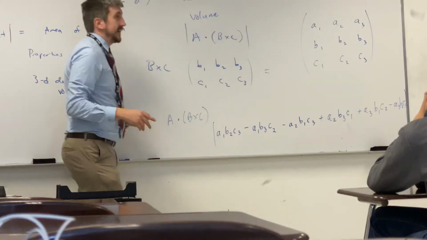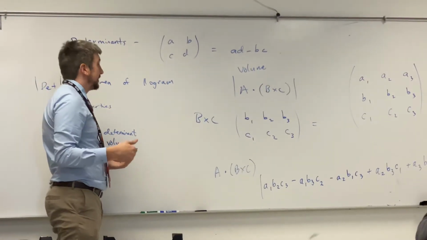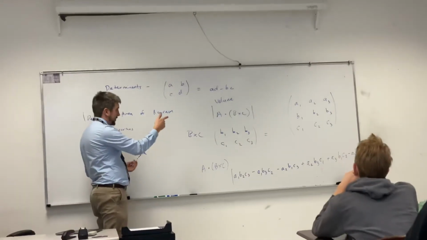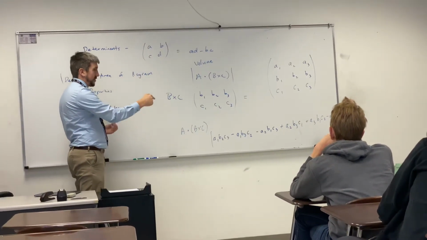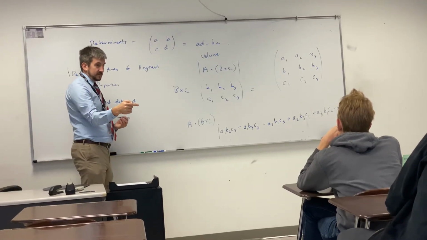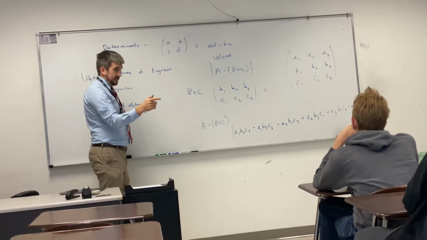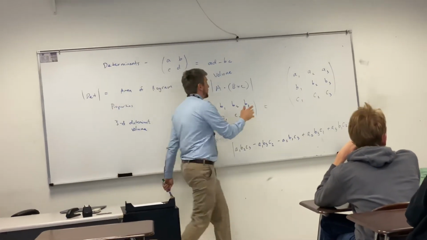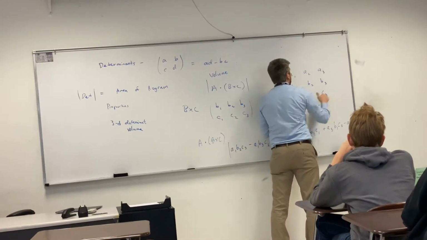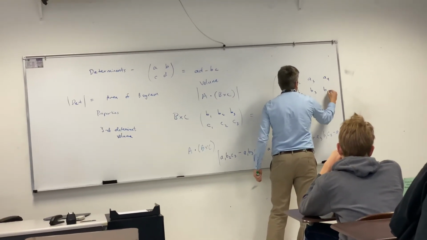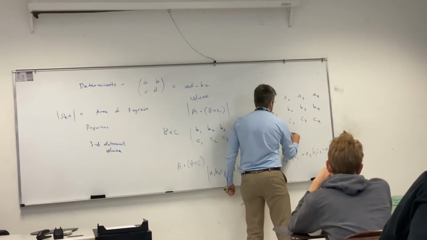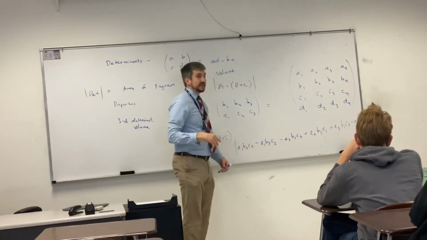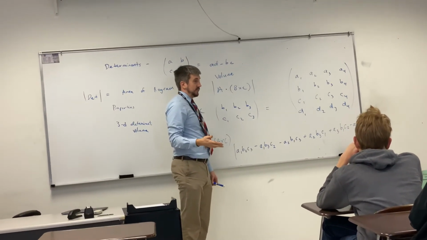The interesting thing about that is that it suggests a possible way to take a determinant of a 4x4 matrix. Because if a 3x3 determinant can be written as three smaller 2x2 determinants, then if we had a 4x4 determinant, we could now guess a method to find it.